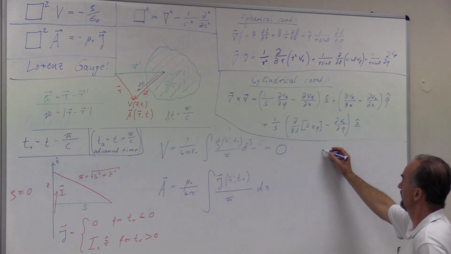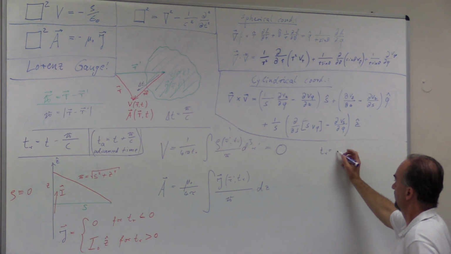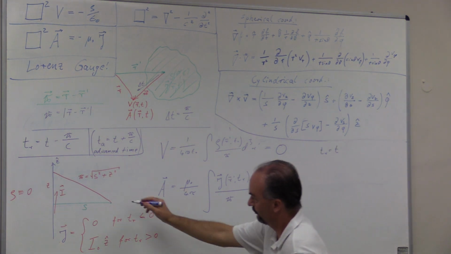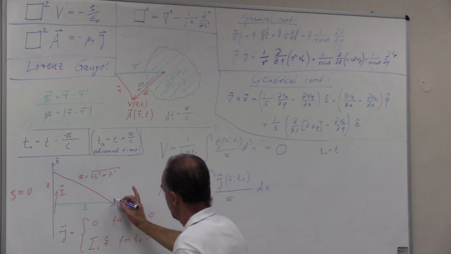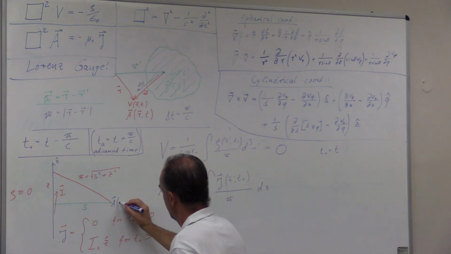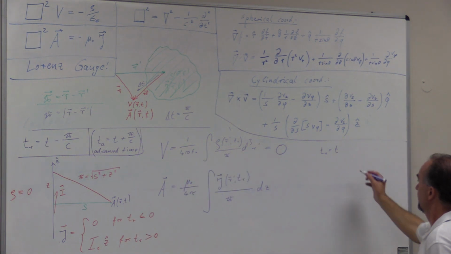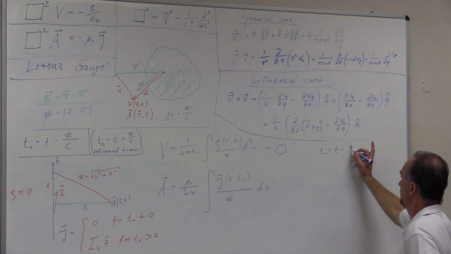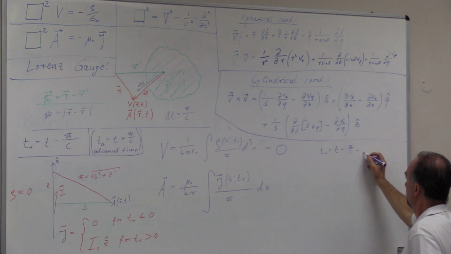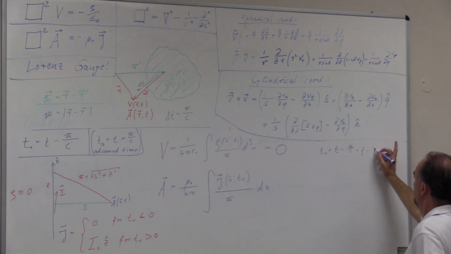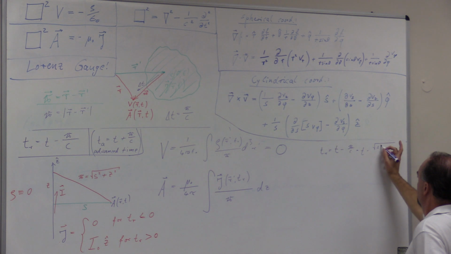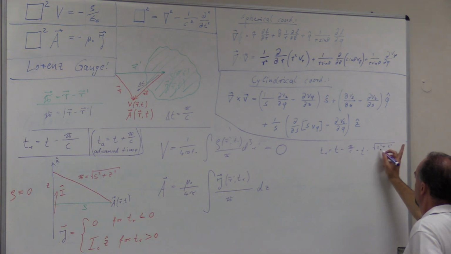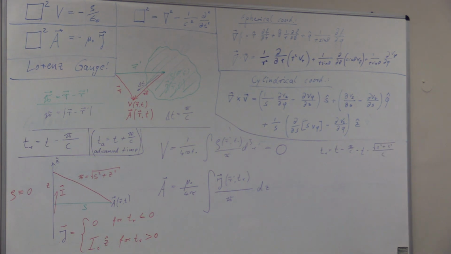Our retarded time is the time in which we measure our potential here of R and T minus R over C, or that's T minus square root of S squared plus Z squared over C.